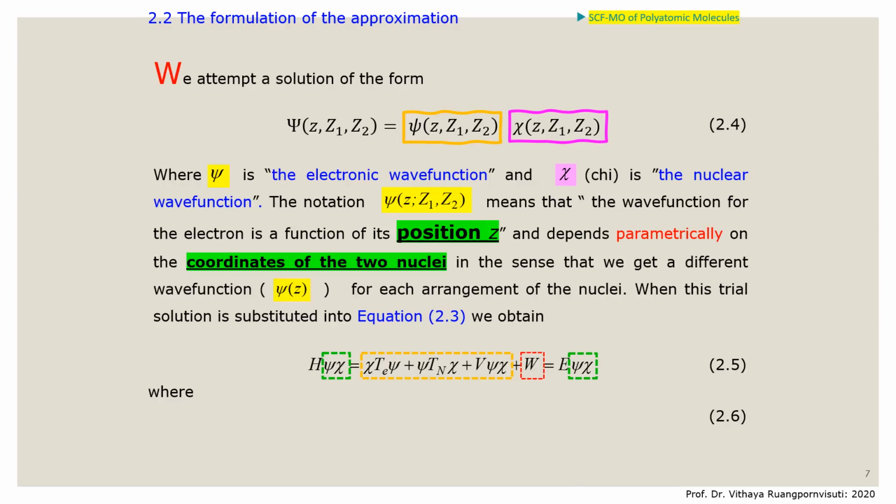For the nuclear wave function, we use the chi symbol.